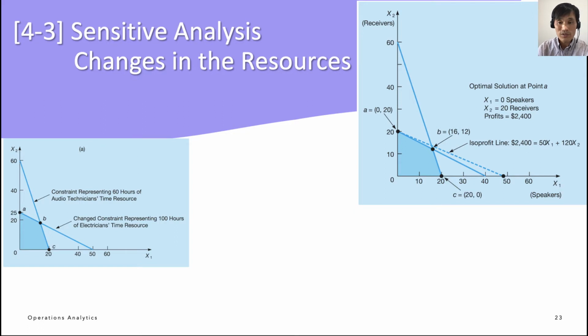So there's a difference of $600. You increase 20 to 25 and you earned $600.